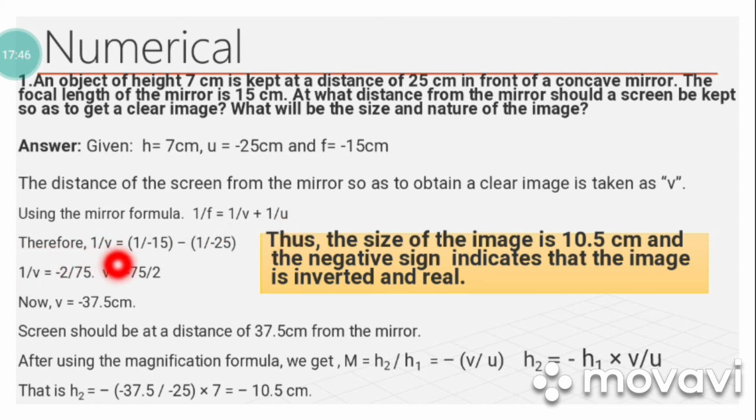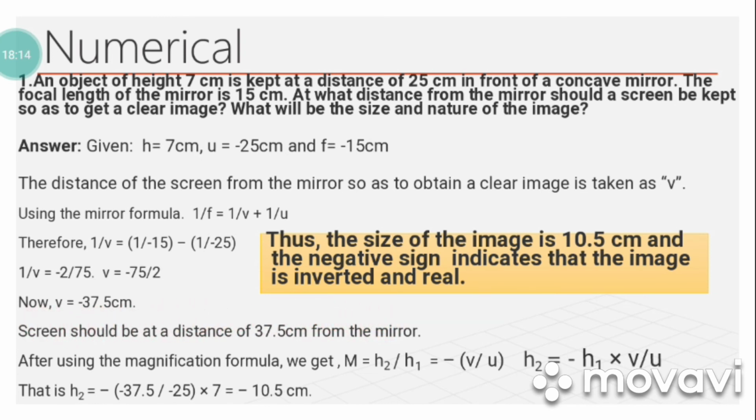Therefore, 1 upon v is equal to 1 upon minus 15 minus 1 upon minus 25. On solving, we get 1 upon v is equal to minus 2 upon 75, and therefore v is equal to minus 75 upon 2. Therefore, v is equal to minus 37.5 centimeters. Therefore, the screen should be kept at a distance of 37.5 centimeters from the mirror.